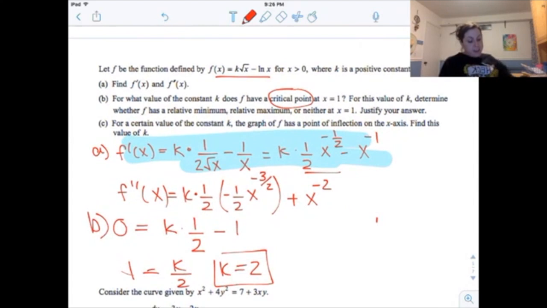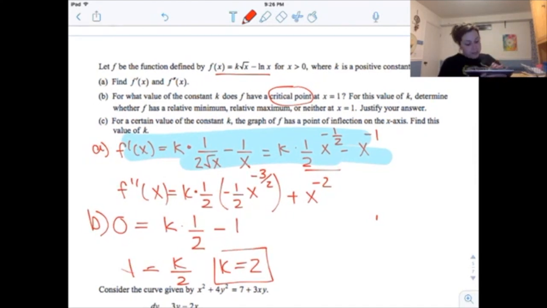And then it says, for this value of k, determine whether f has a relative min, relative max, or neither. Now, could you do a sign chart, test both sides? Sure, you can. But if you know it's a critical value, you could also just plug into the second derivative, because that's going to tell me whether this has a max or a min. So if I plug into the second derivative, f double prime of 1, when k equals 2.